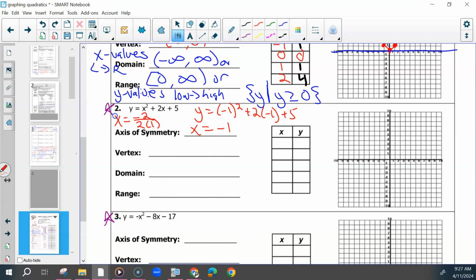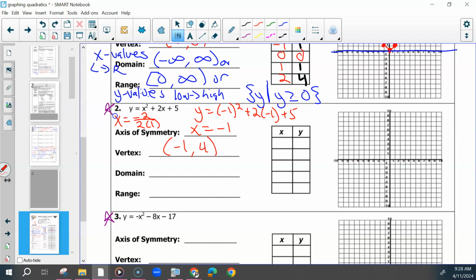Find your y value. What is that y value? 4. So our vertex would be -1, 4.